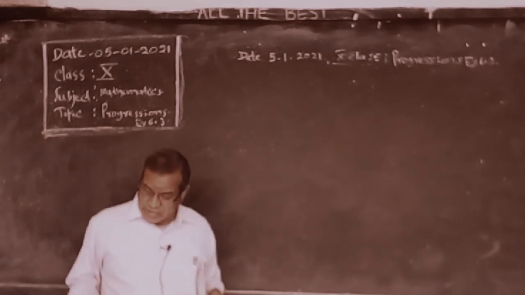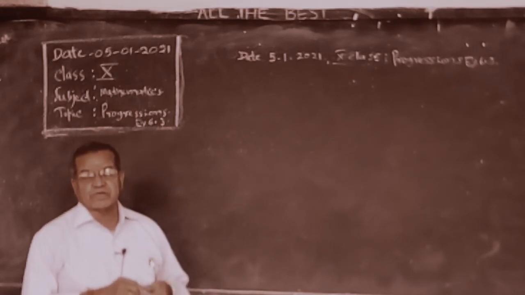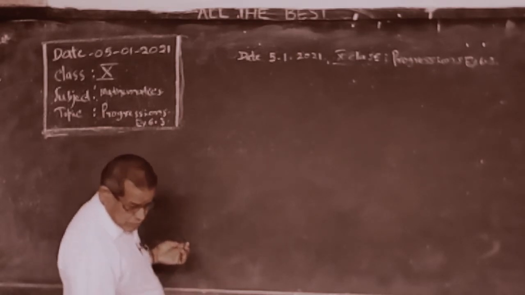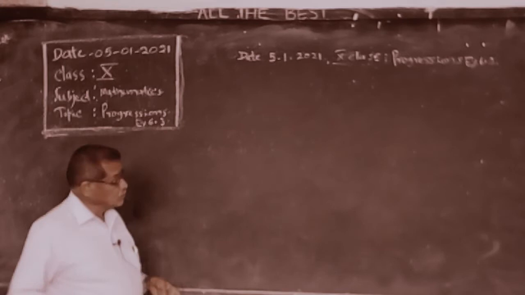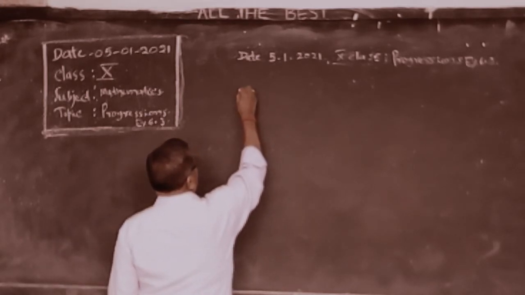Now, yesterday we derived the formula for finding the sum of the arithmetic progression. I will write the formula here.